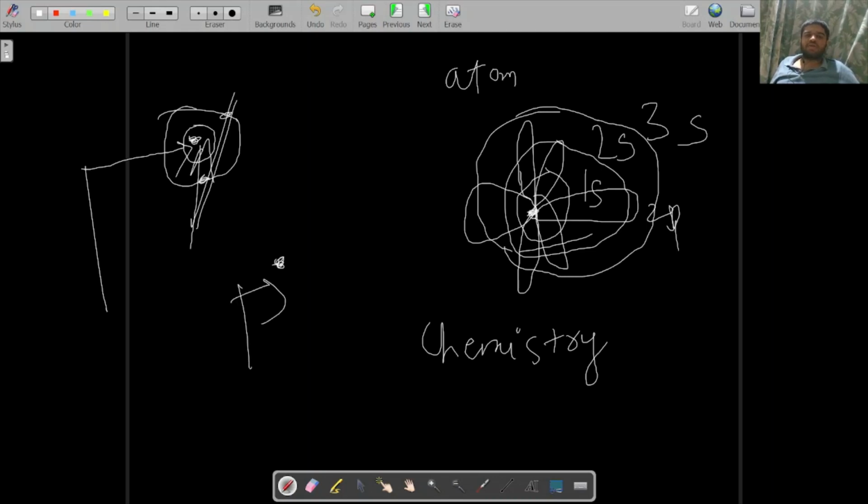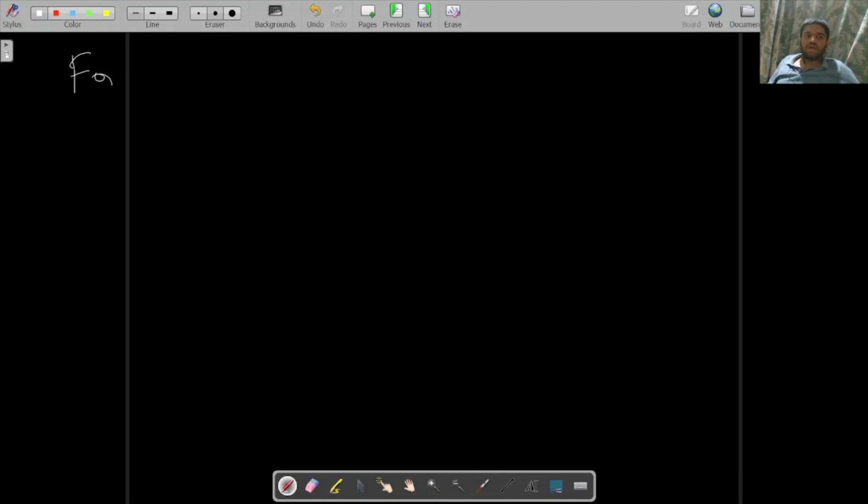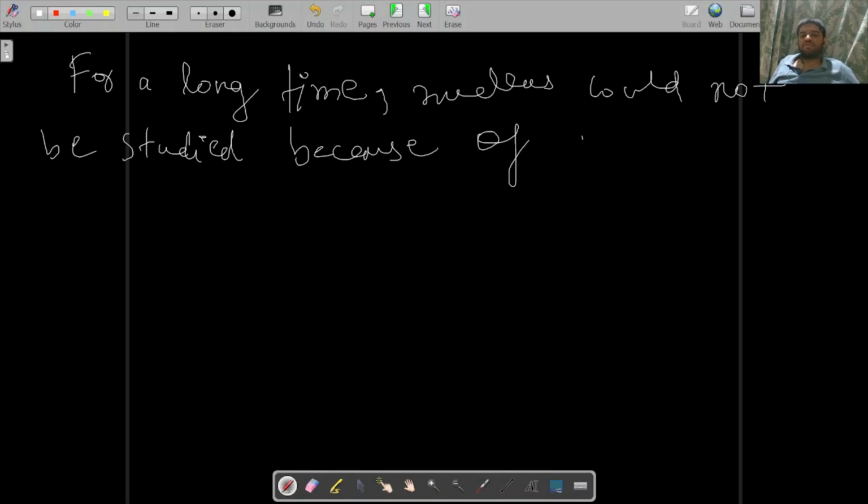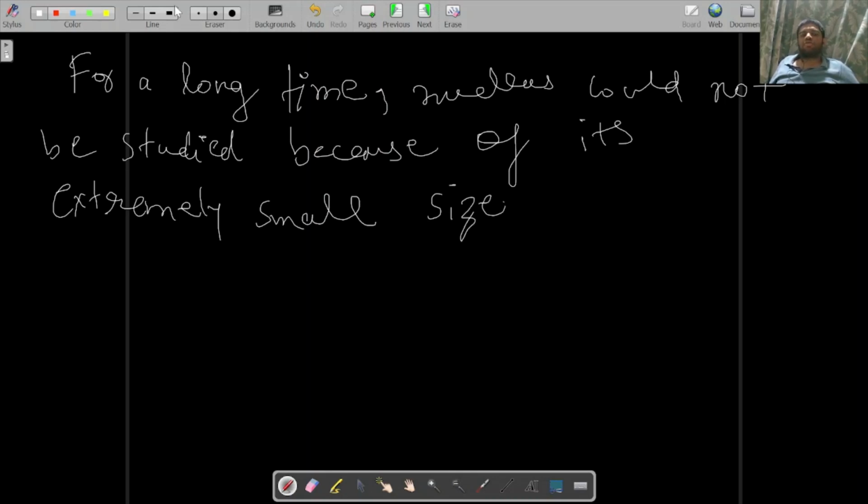So first of all, for a long time, nucleus could not be studied because of its extremely small size. So for a long time, nucleus could not be studied because its size is extremely small, and only the atom could be studied.